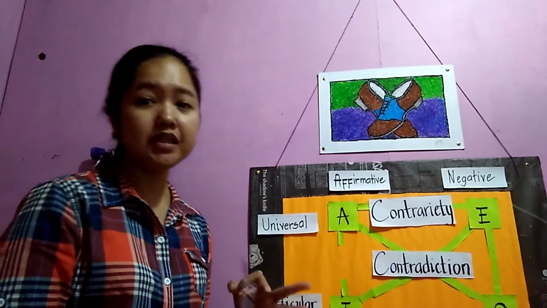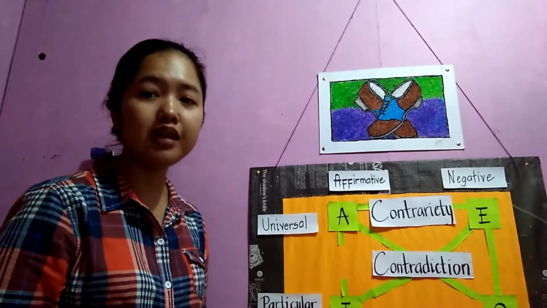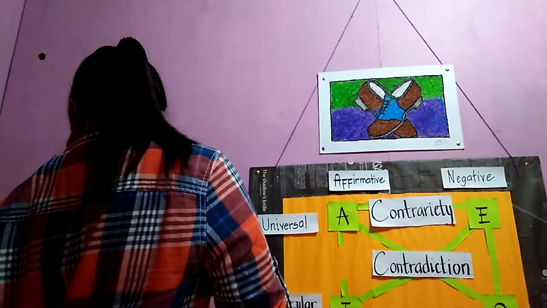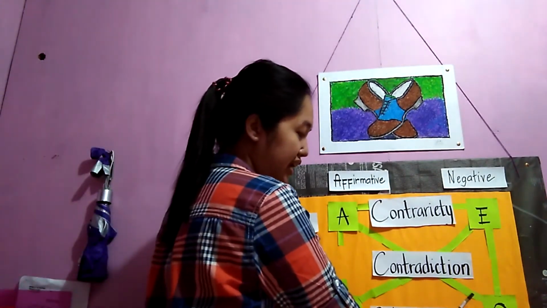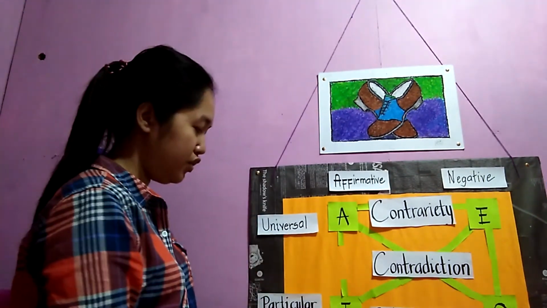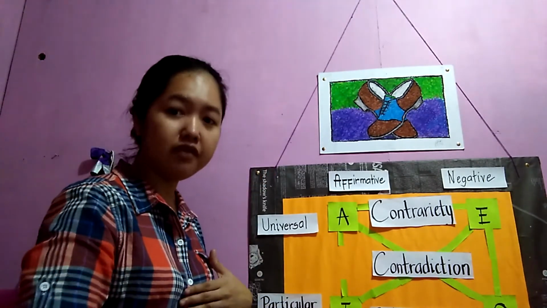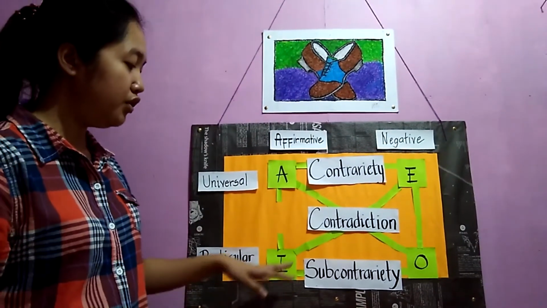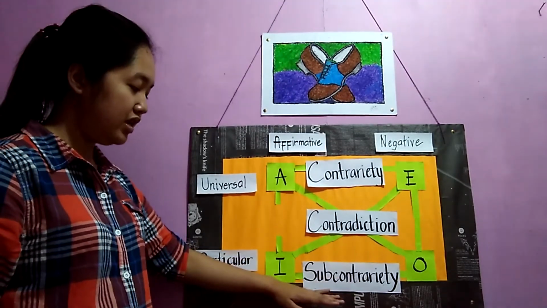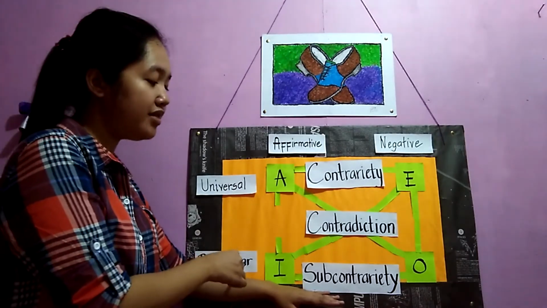The third type of opposition that is present in the square of opposition is what we call subcontrariety. Subcontrariety is a relationship between the particular propositions. So we have the I and the O for the particular propositions, and this is a relationship involving these two propositions. For subcontrariety, they are both particular in terms of quantity, but they differ in quality.